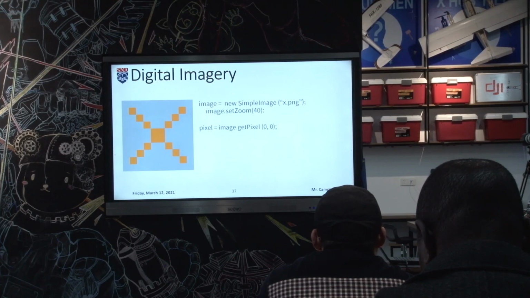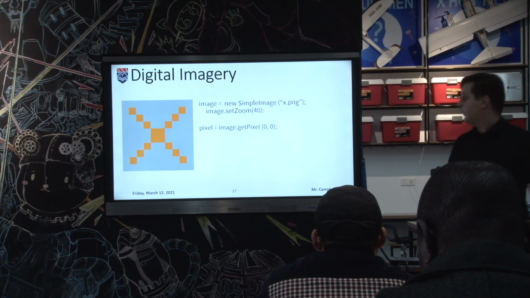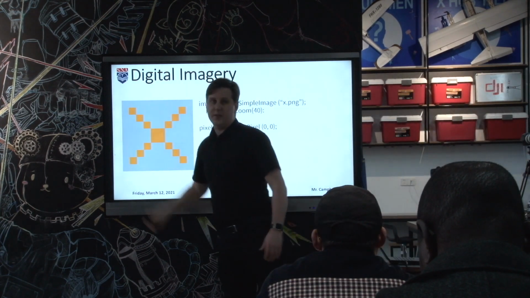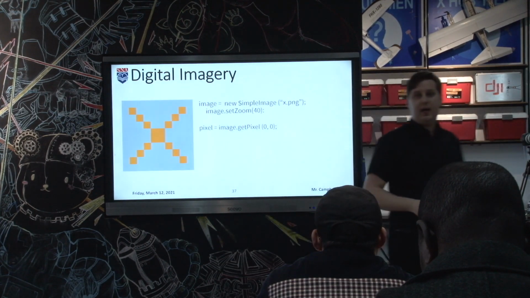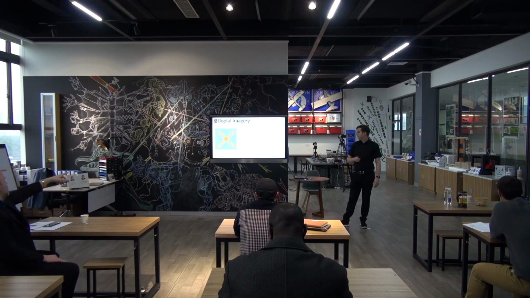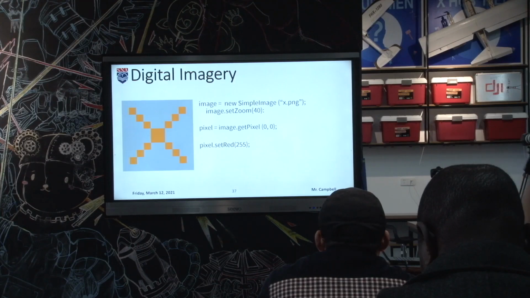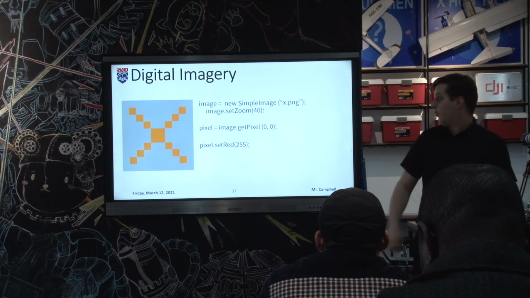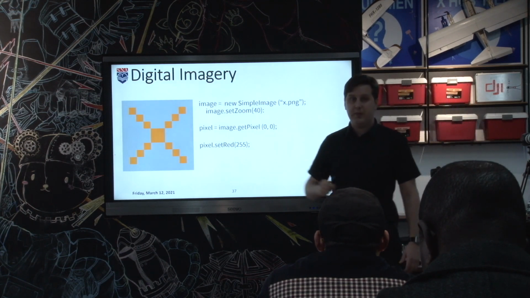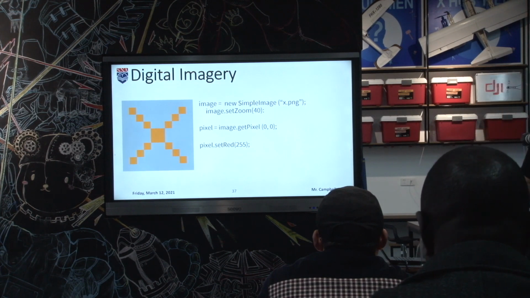Now here I have a new one, so pixel equals image get pixel 0, 0. Okay? So I'm saying get the pixel at location 0, 0. So Bill, what do you think this line of code is essentially doing? Well, it's going to coordinate with your top left pixel, right? And then it's going to turn it red. Okay, good. So it's saying get the information for pixel 0, 0 and set that pixel to be equal to red.